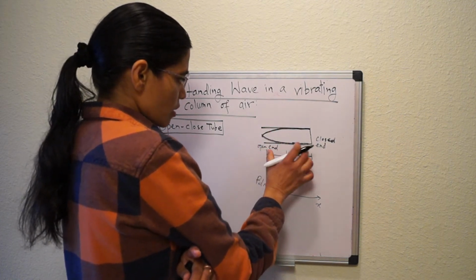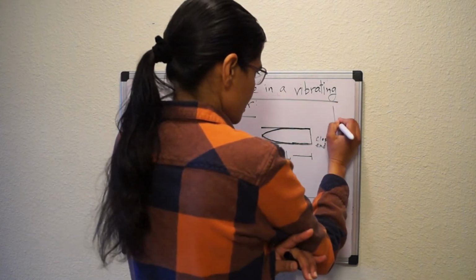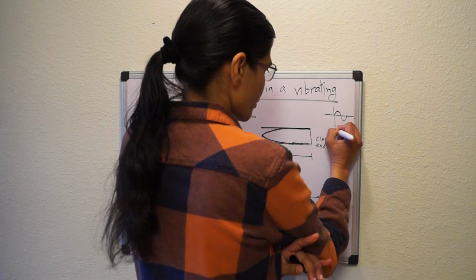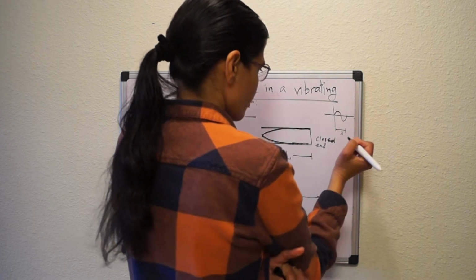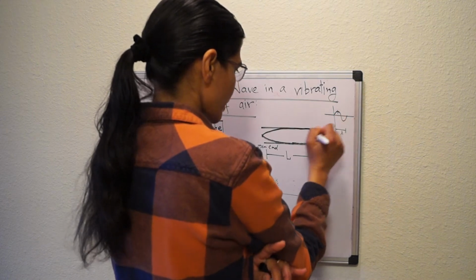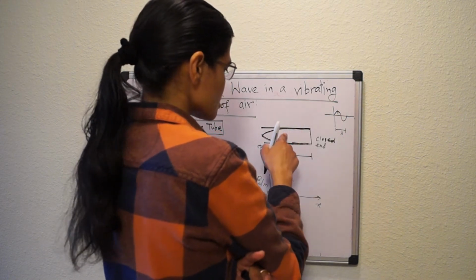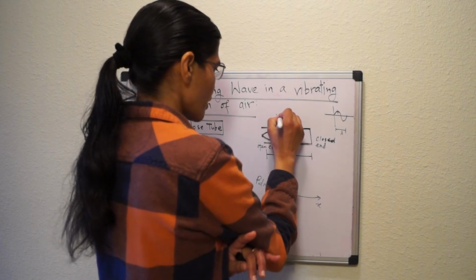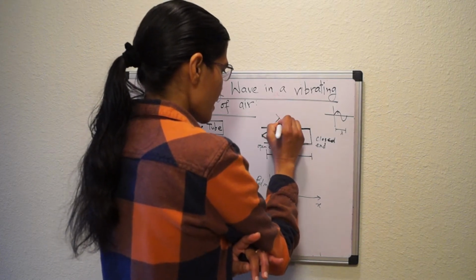Now if you look at a graph, this is where we have a lambda, one wavelength. This looks almost like up to here. So this length here corresponds to a wavelength of lambda by 4.